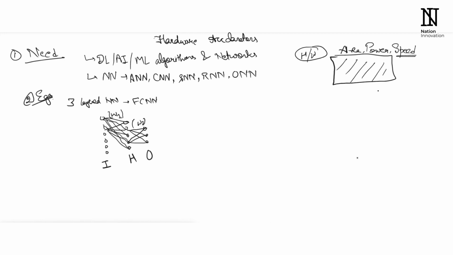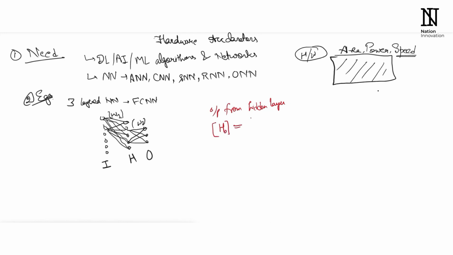Now from the computation point of view, the output from the hidden layer, how is it computed? Let the output from the hidden layer be HO.